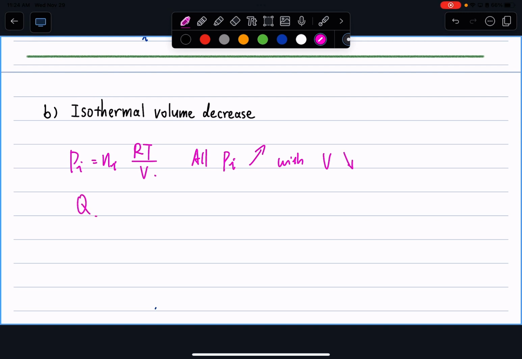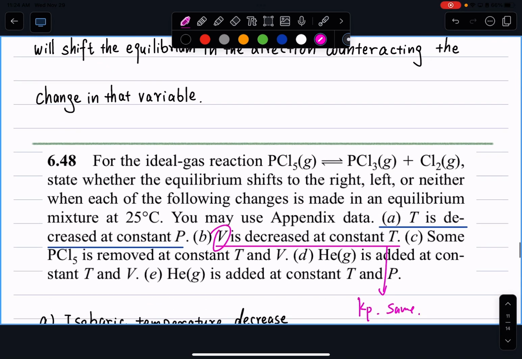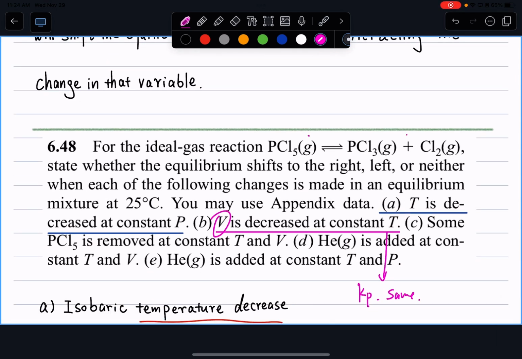Now your reaction quotient equals the product of your partial pressures to the power of the stoichiometric coefficients. We start from one gas molecule and end up with two gas molecules, so your product is more sensitive to the partial pressure increasing, and your reaction quotient will increase with this volume decrease. Thus your reaction quotient becomes larger than your equilibrium constant.